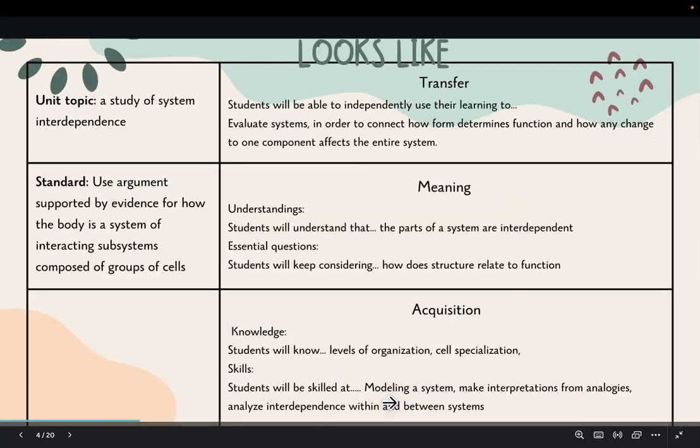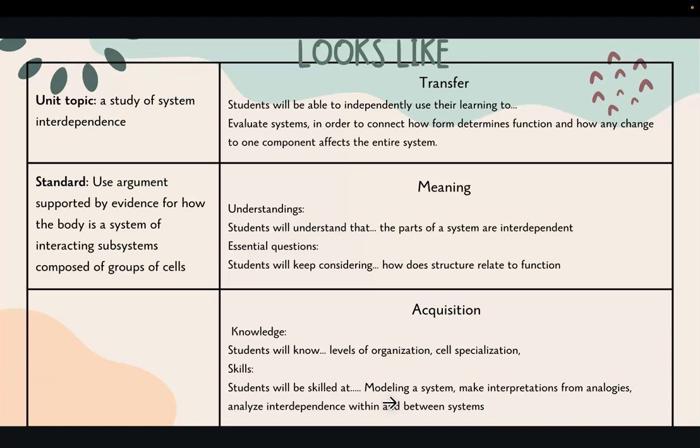All right, so if you're designing a unit plan, then stage one would look something like this. Below, because it couldn't fit on my screen, you would see the learning targets popping up underneath that acquisition.